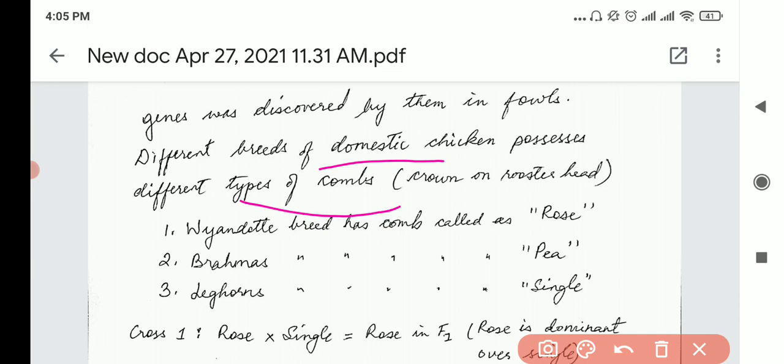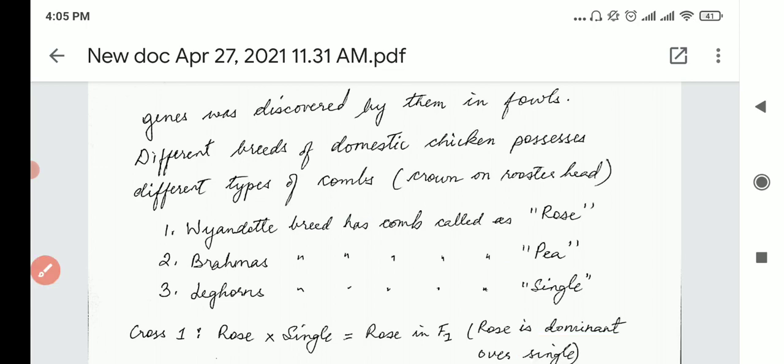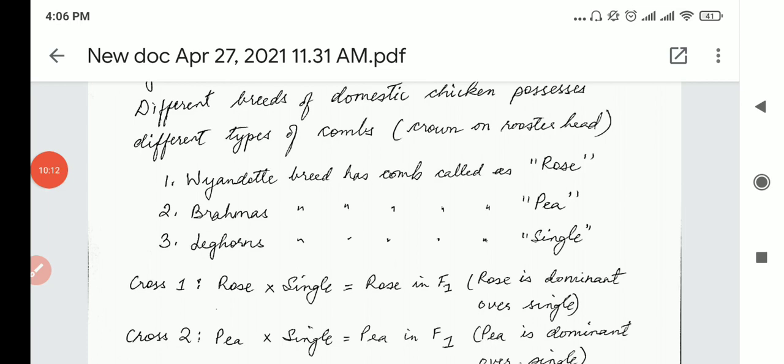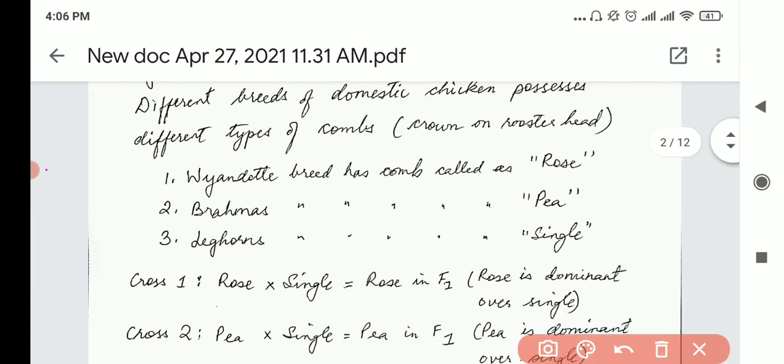So they show different combs. The comb is the crown on the rooster's head. The breed called Wyandotte has a comb, let's call it rose. The Brahmas have a comb, let's call it pea. And the Leghorns have a comb, let's call it single.